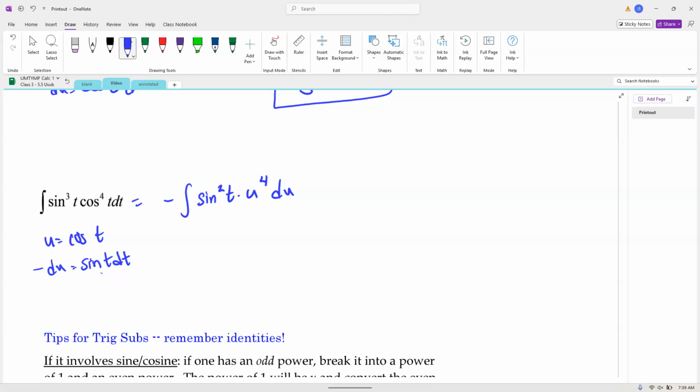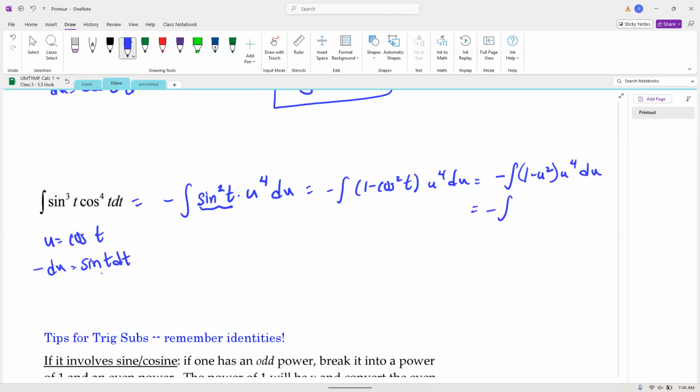Now when I integrate, I only want there to be u's, right? That's the whole point. I'm converting to a different variable and finding the antiderivative of that. So I need to convert sine to a u. Well, u is cosine. Oh yeah, there's the Pythagorean identity. I can write this as 1 minus cosine squared of t, times u to the 4th du, and that could be written as the integral of 1 minus u squared times u to the fourth du.